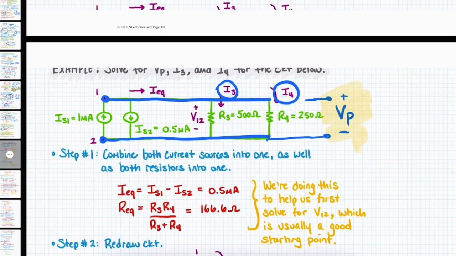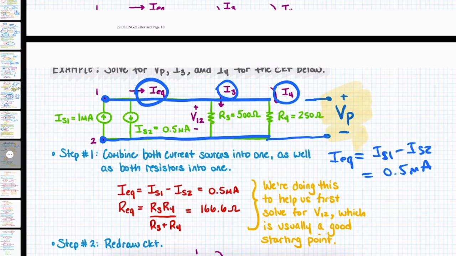Well, we can combine current sources together and resistances together in order to simplify the circuit, although we don't really have to. I could just go ahead and solve this using KCL at node number 1 or node number 2. Because what I can say is that this I equivalent right here is going to be equal to IS1 minus IS2, which is 0.5 milliamps.